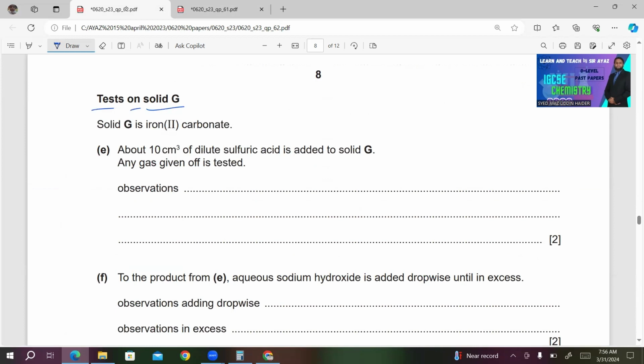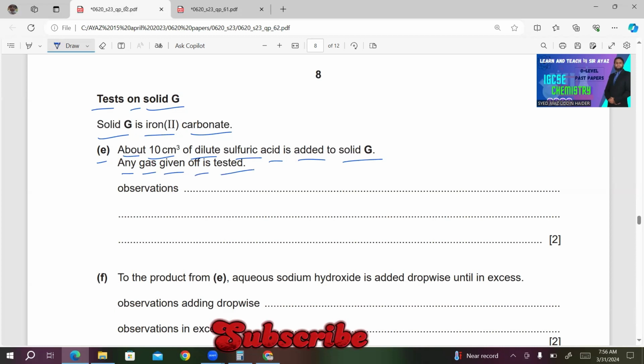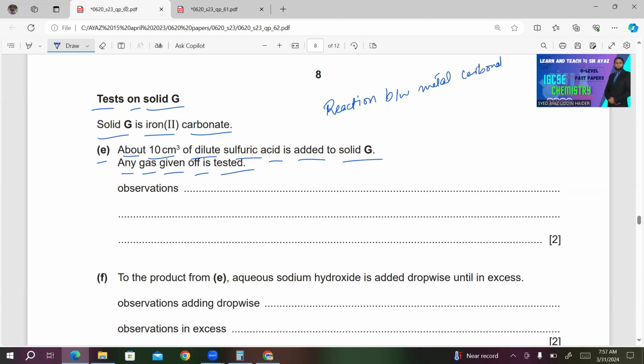Test on solid G. Solid G is iron 2 carbonate. E. About 10 centimeter cube of dilute sulfuric acid is added to solid G. Any gas given off is tested. So you are adding dilute sulfuric acid. This is a reaction between metal carbonate plus acid.